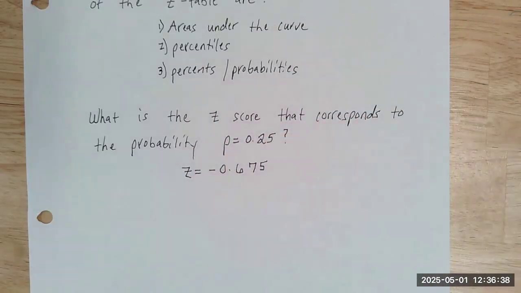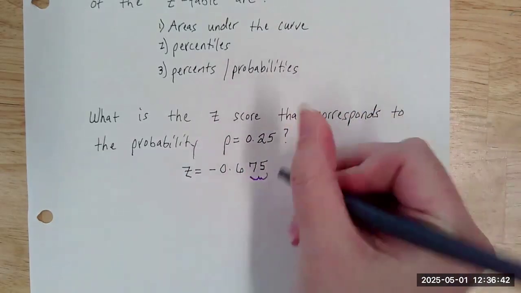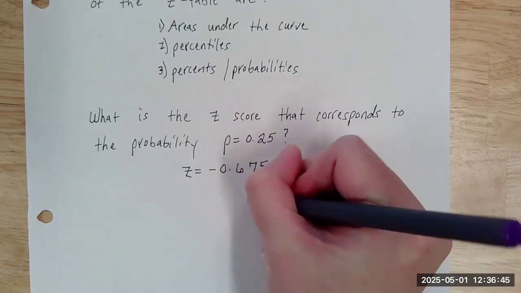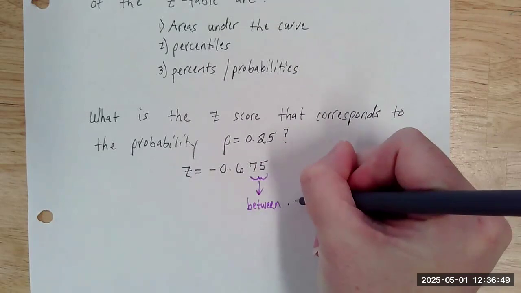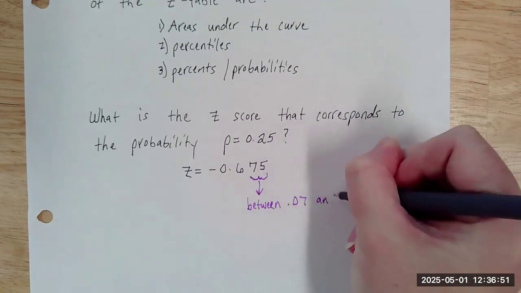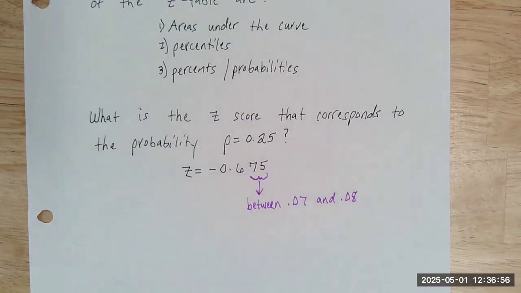And the reason it's the 7.5 is that for this part right here, it's between the 0.07 and 0.08. We took it halfway in between that and we put 0.075. So we're adding that to that part.